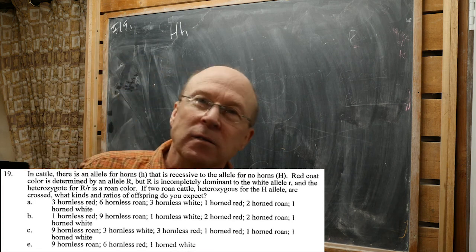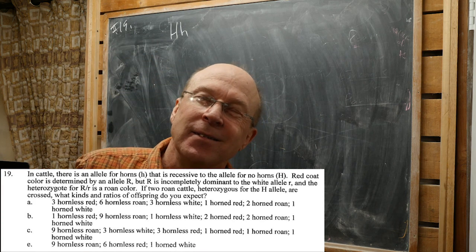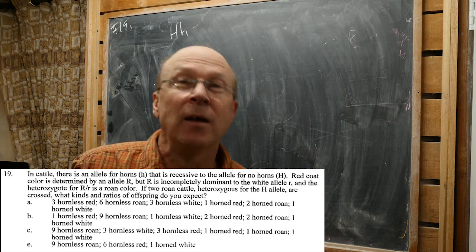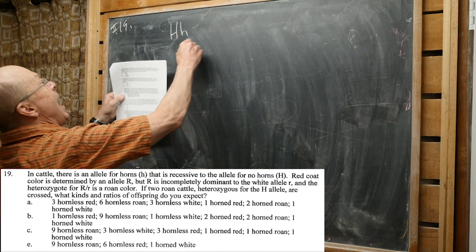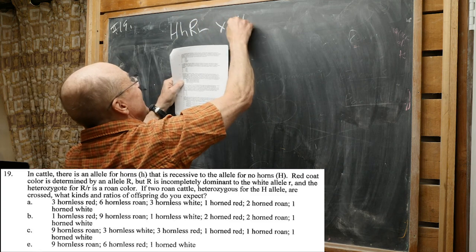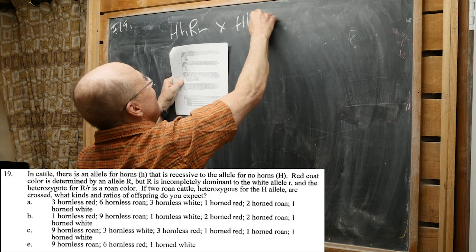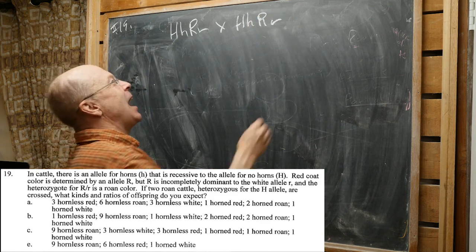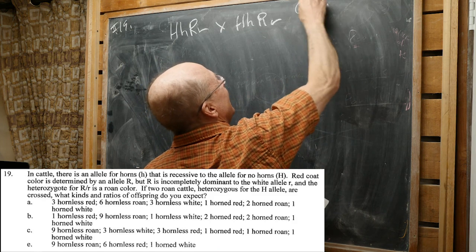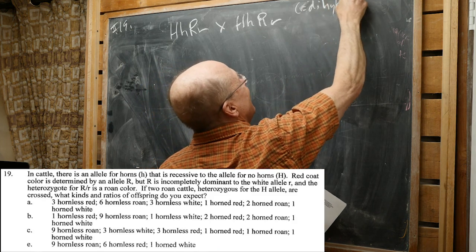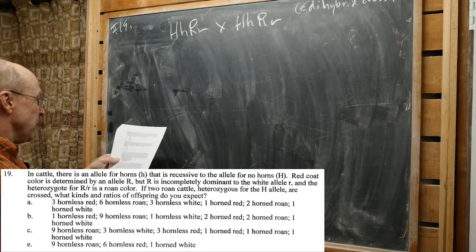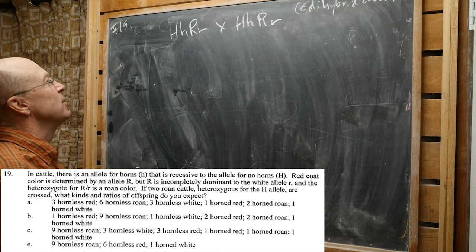Would these have horns or not? I hope you answered that in that short break. They don't. And roan indicates that. Oh my, look at what we're doing. We're setting up the classic dihybrid cross. Dihybrid cross, fun times.